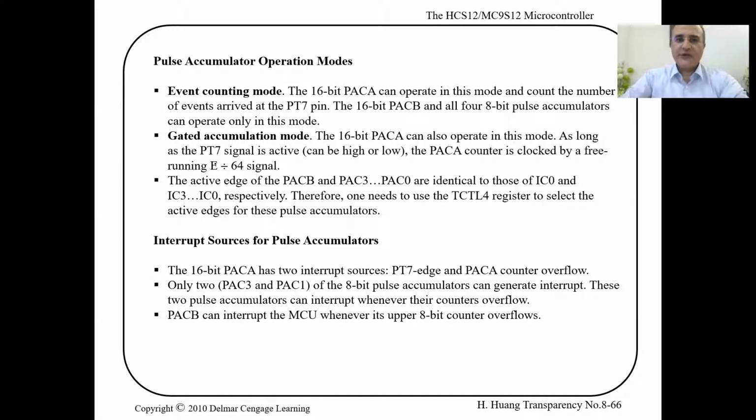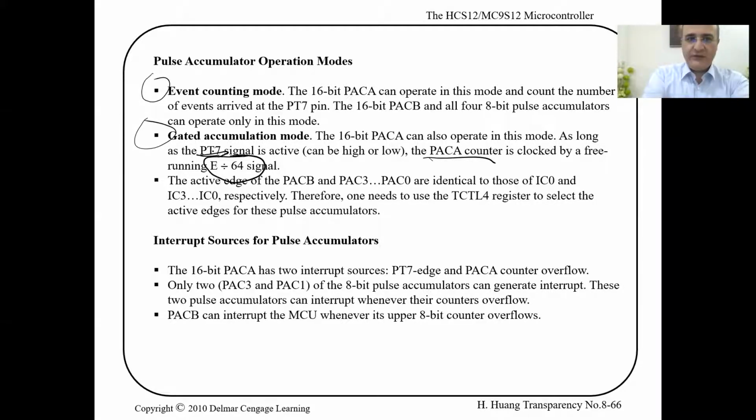Okay. We can configure the pulse accumulators in 2 modes. The event counting mode, which means whenever a pulse arrives, the accumulator will increment, period. The gated accumulation mode: whenever a level on the pin is active, meaning high, the pulse accumulator will be clocked by the E clock divided by 64, running, counting.